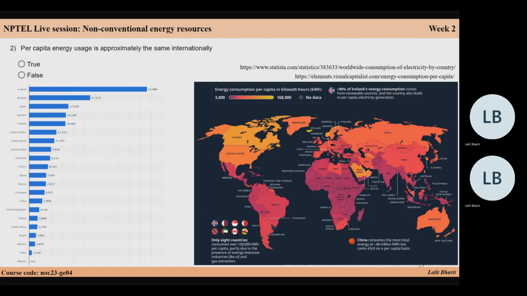So we'll go to the second question. These are the non-graded assignments of previous year and this year. The second question is: per capita energy usage is approximately the same internationally.